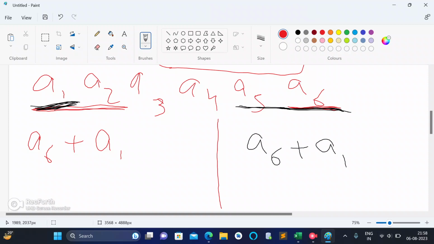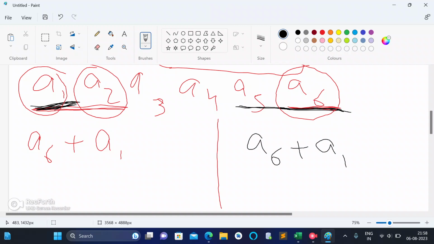Both are giving me the same answer. Let's say to the second friend I want to give two values. In the first scenario, the first friend has been given A6, A1 and A2.